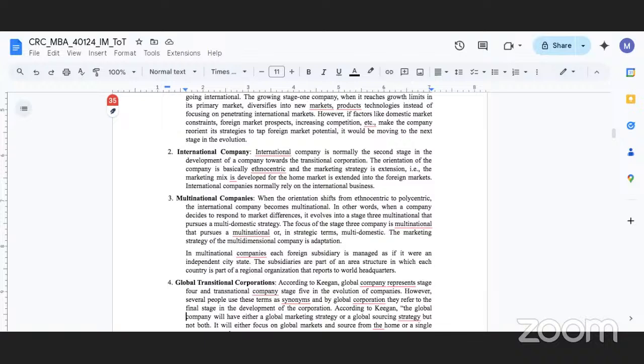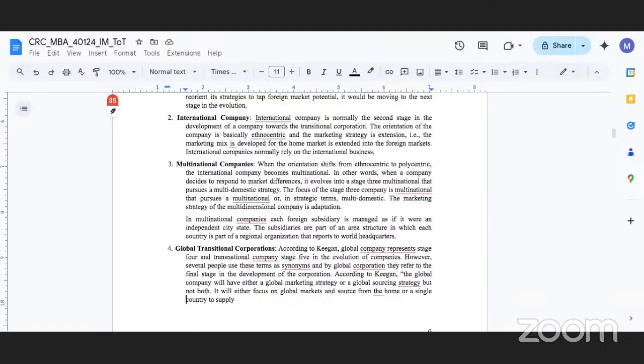When we talk about ethnocentric to polycentric, what we are saying is the company responds to the differences in different markets, and it moves into a stage three multinational where it has a multi-domestic strategy.